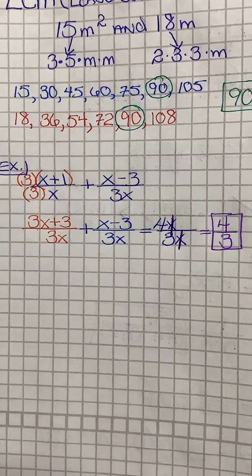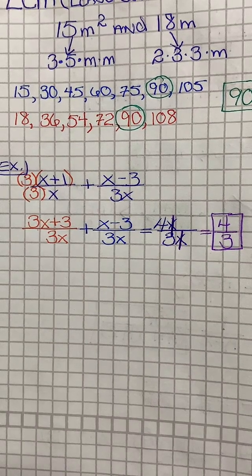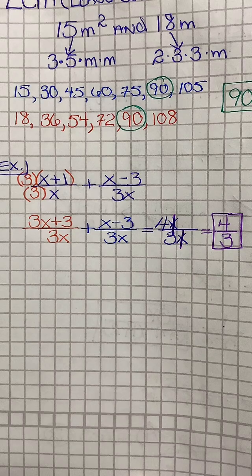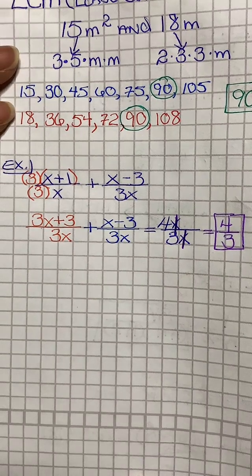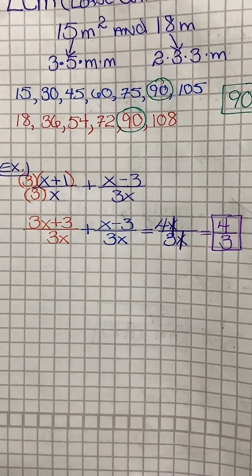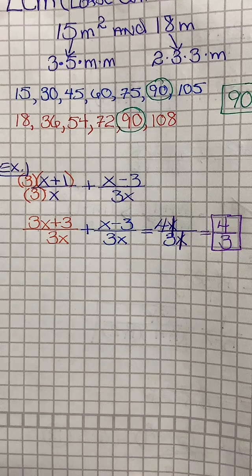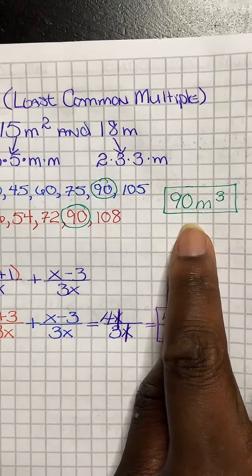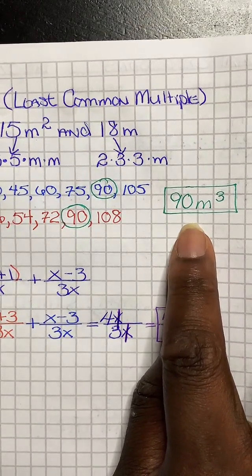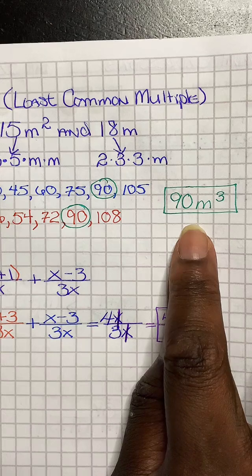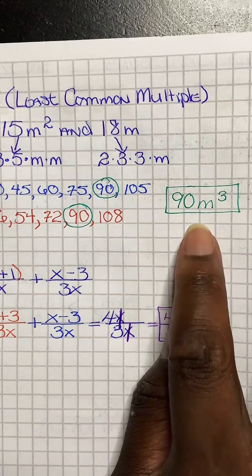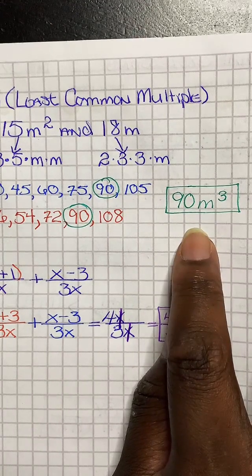About the previous problem, the one above this, all we did was find the LCM, so we weren't even solving anything. So all we were just finding was the LCM.